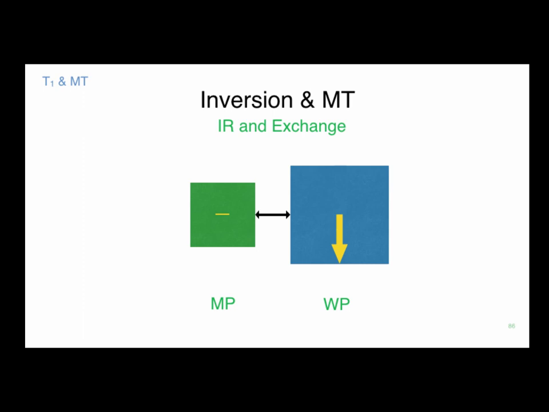Because of the short T2, you just saturate the lipid spins, and then during the inversion recovery, this exchange again starts playing a role, and it changes the magnetization level of the inverted water. So that means, very similar to the MT experiment, the level of saturation of the macromolecular pool influences how fast the water magnetization recovers.